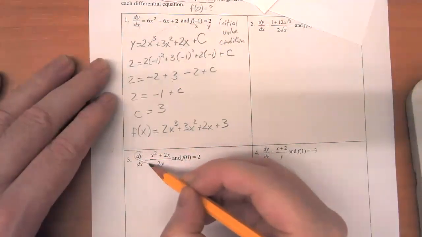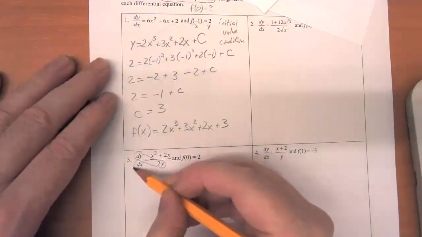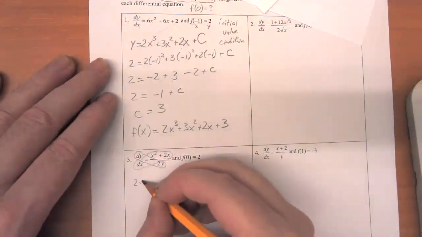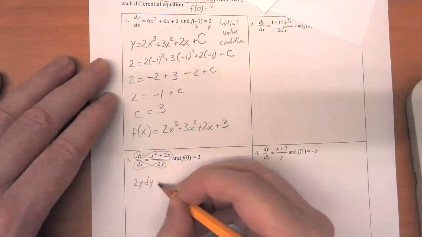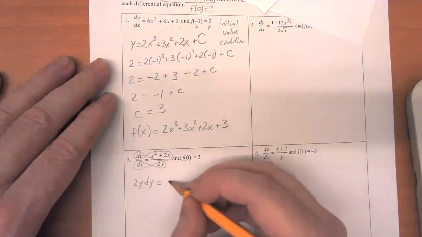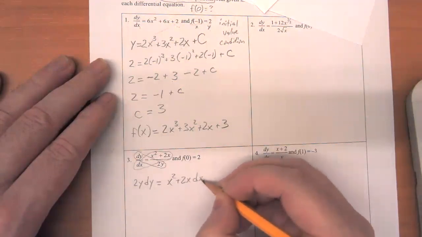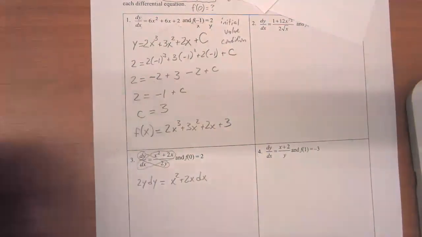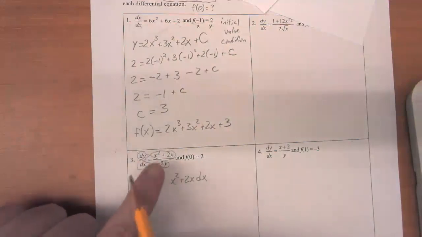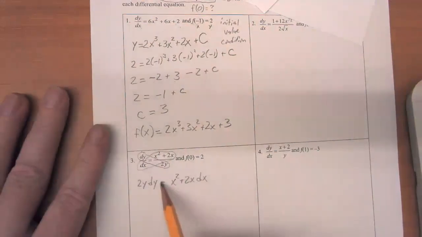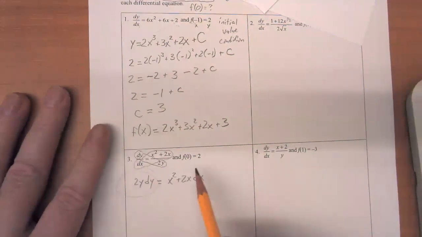And the first thing I'm going to do to make that happen is I'm going to cross multiply. So over here, we've got 2y dy is equal to x squared plus 2x dx. All right. And so what I was able to do when I cross multiplied there is over here, I've got a statement just in terms of y's and dy's.